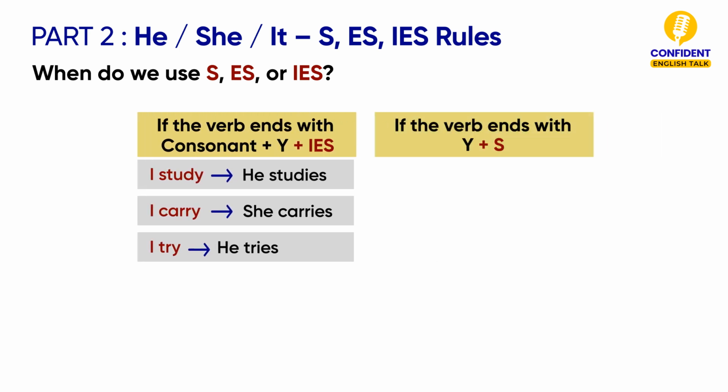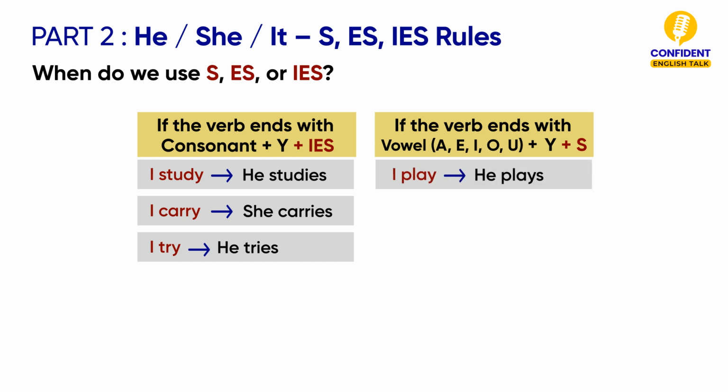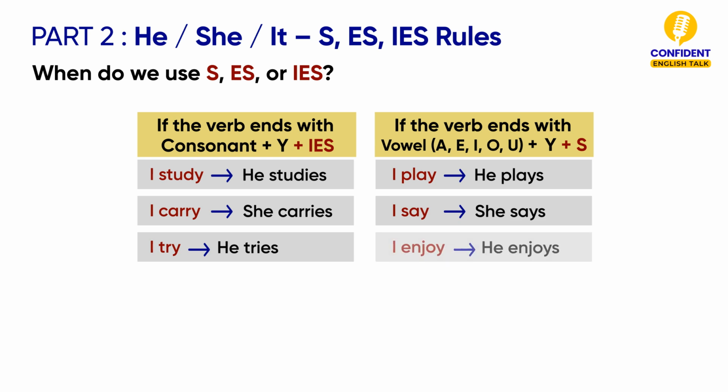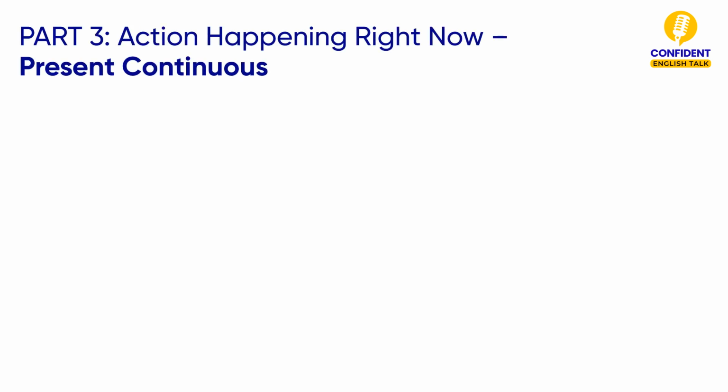And if the verb ends with Y, but before Y there is a vowel like A, E, I, O, U, then just add S. Examples: I play. He plays. I say. She says. I enjoy. He enjoys.